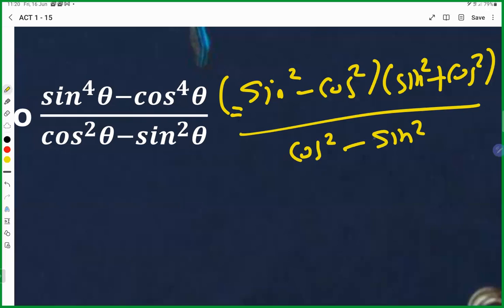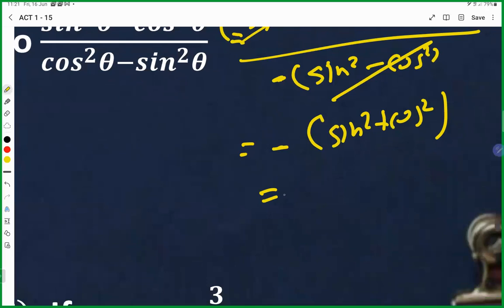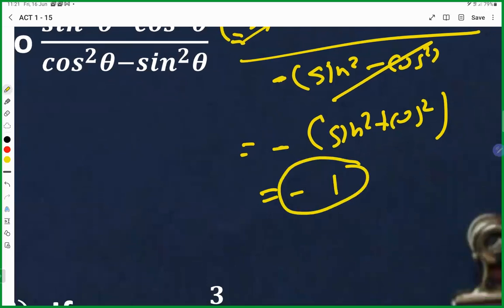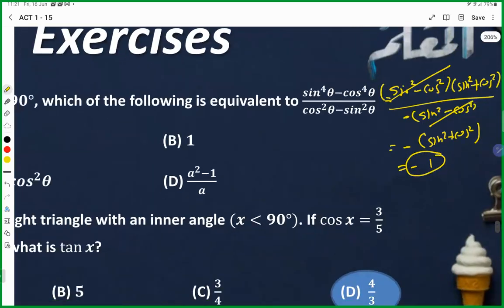I need to change the sign of the denominator, so I'll take -1 out. It will be sine square minus cosine square. So this cancels with this, and the answer becomes negative sine square plus cosine square. From the identity, I know that sine square plus cosine square equals 1. So the answer is negative 1. Okay? Remember this.